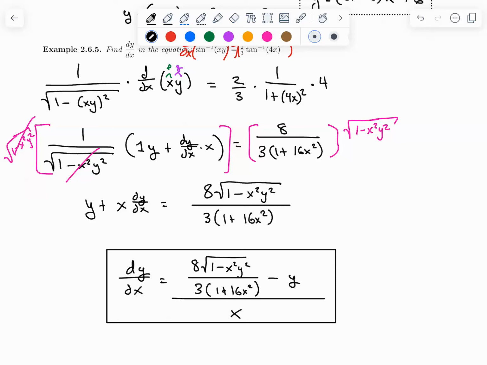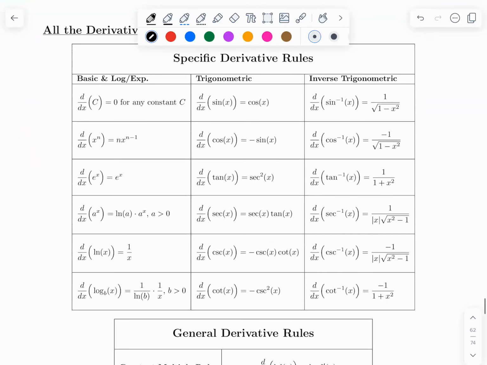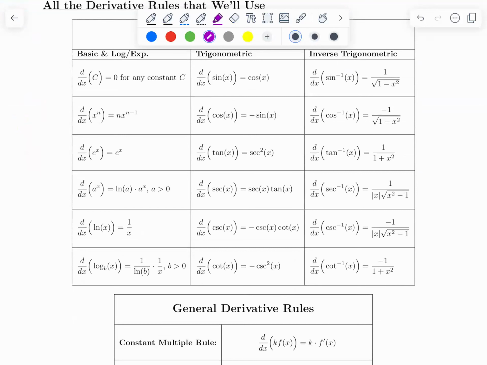Yes. On the next page, which one do we not have to memorize? Excellent question. That's a fair thing. So I'm going to highlight them in red, any of the ones that you do not need to have memorized. You do not need to have memorized this one. Yes, so that one does not need to be memorized.